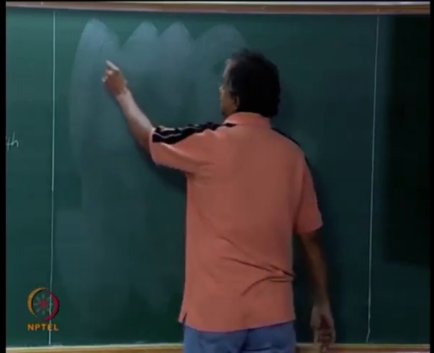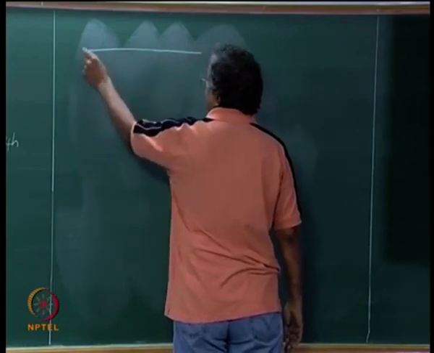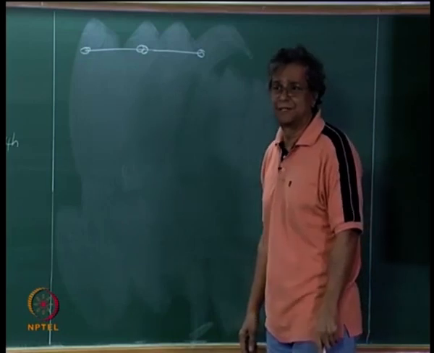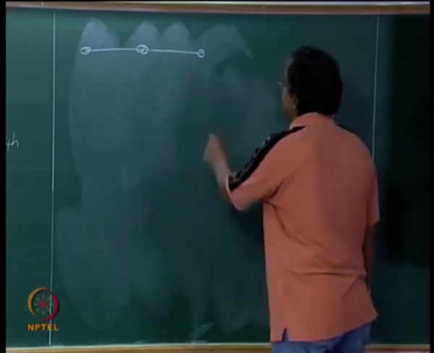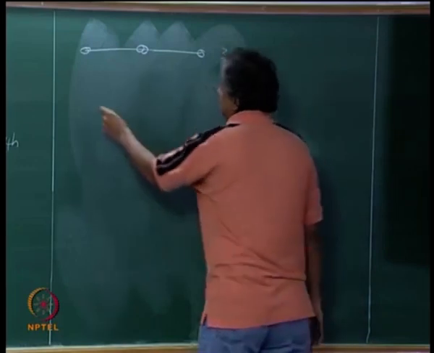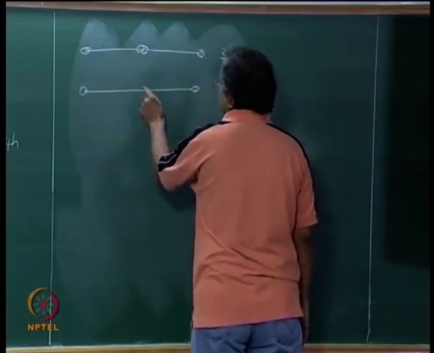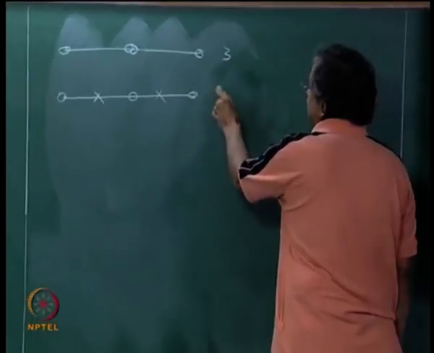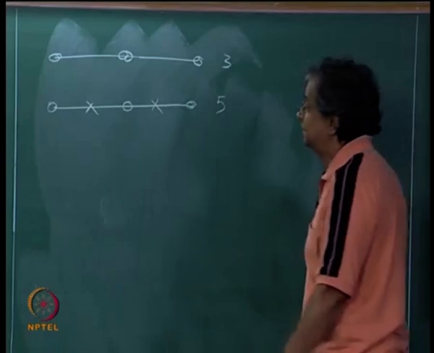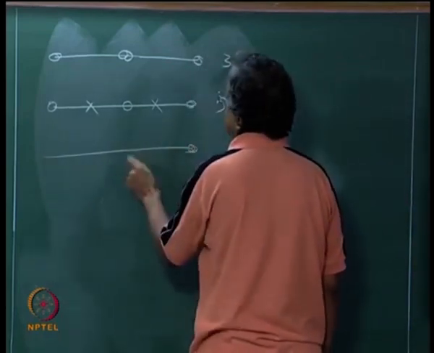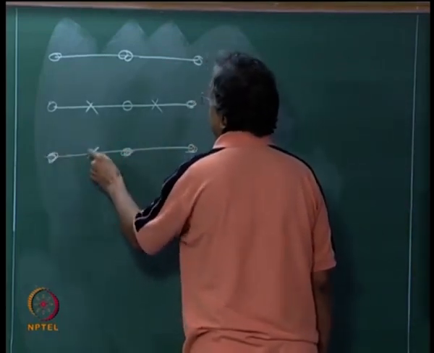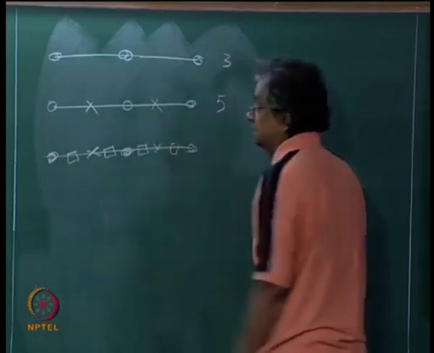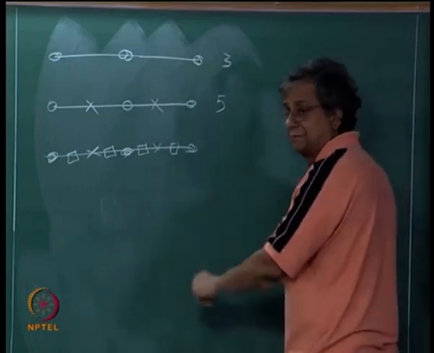So the coarsest level is one interior grid point, 3 grid points on the whole. The next level is five grid points, is that right? What is the next finer level? Nine.